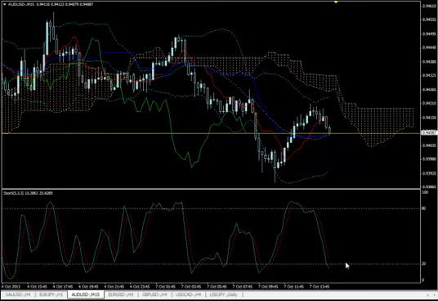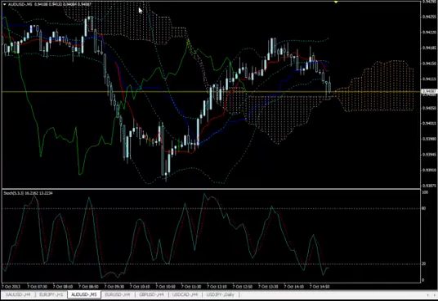And also on the M15 time frame, we see that stochastics are moving in an oversold zone. So 99% a bullish reversal is coming. Let's go to the M5 time frame.